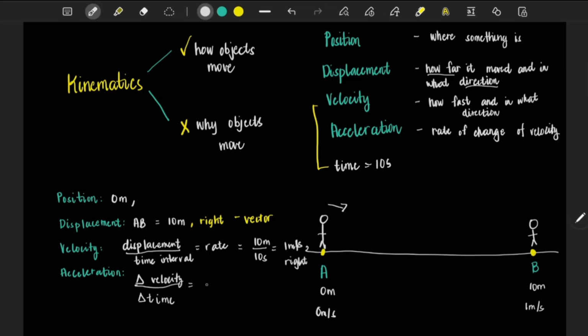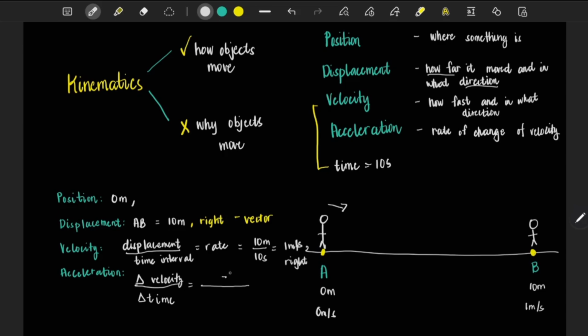Now let's say that again the change in velocity is the difference between the initial and final velocity values. So when we talk about difference, we mean subtraction. We're going to subtract the initial value of velocity from the final value.